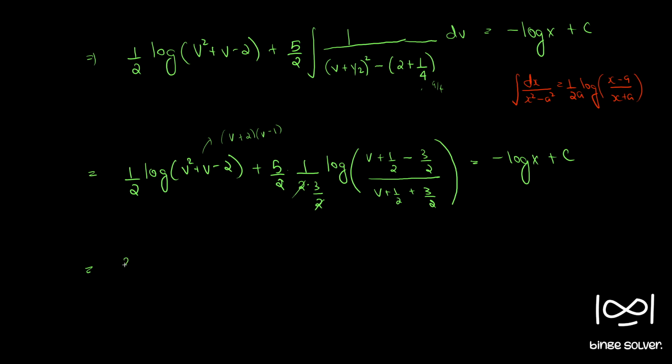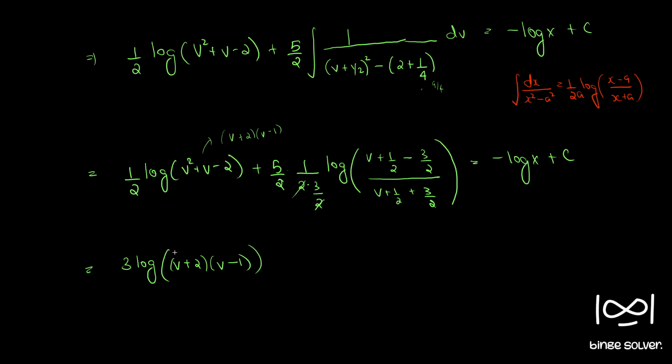So we have 3 log (v plus 2)(v minus 1). We are going to multiply throughout by 6, so that the 6 in this denominator cancels out.